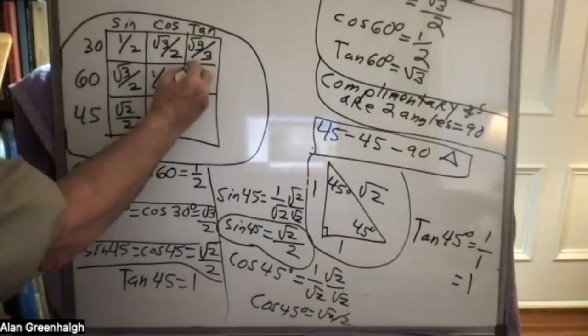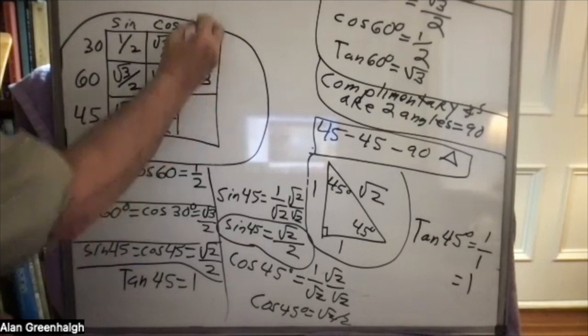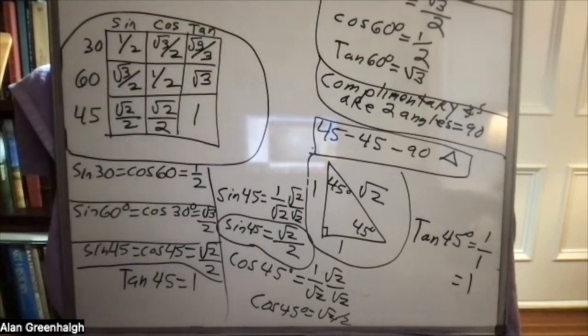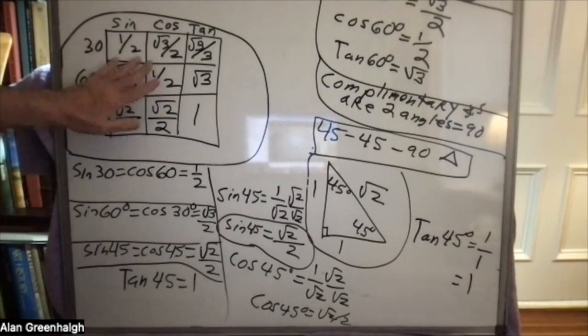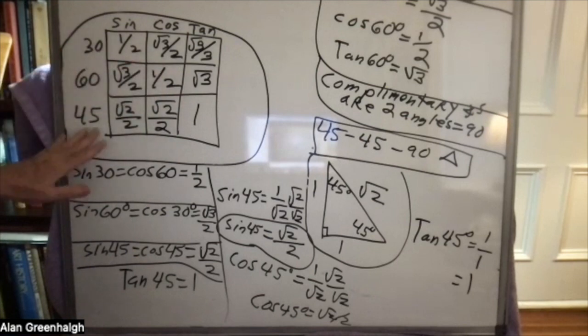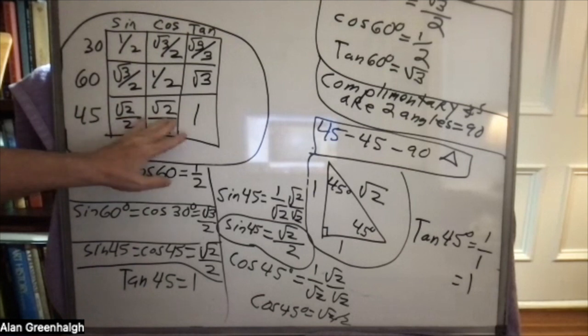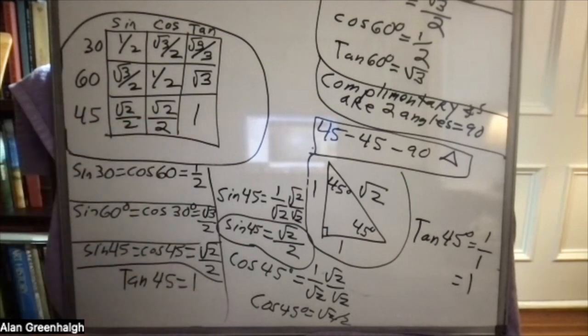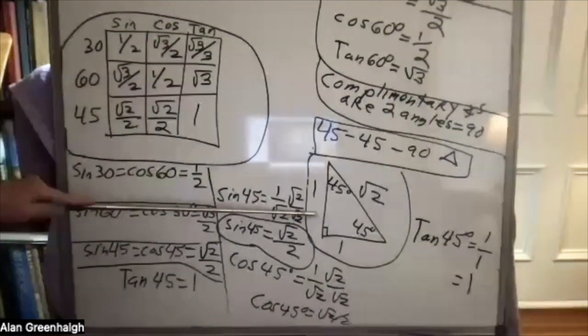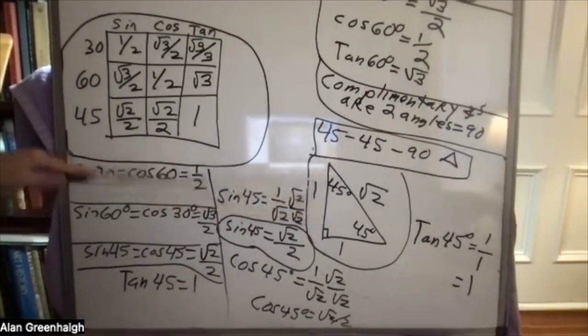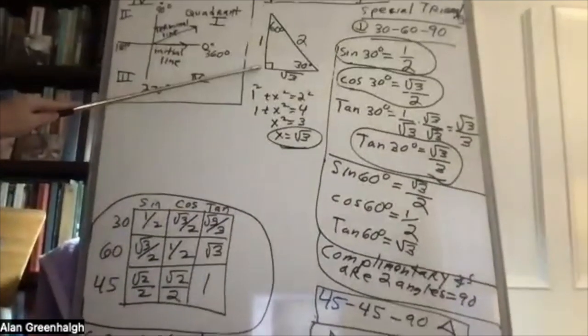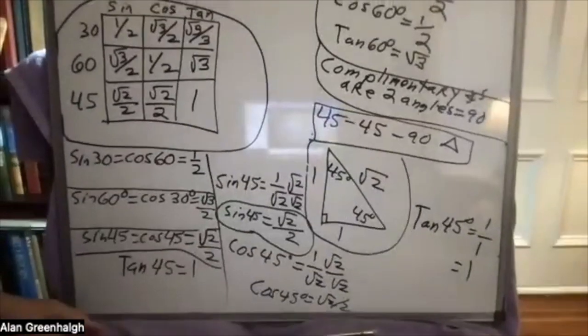The tangent of 60 is the square root of 3, and the tangent of 45 is 1. It's not just a random chart you're remembering; there are things here that help you remember it. Or you could simply derive it the way I did down here for 45 degrees and up here for 30 and 60. Okay? These are the special angles.